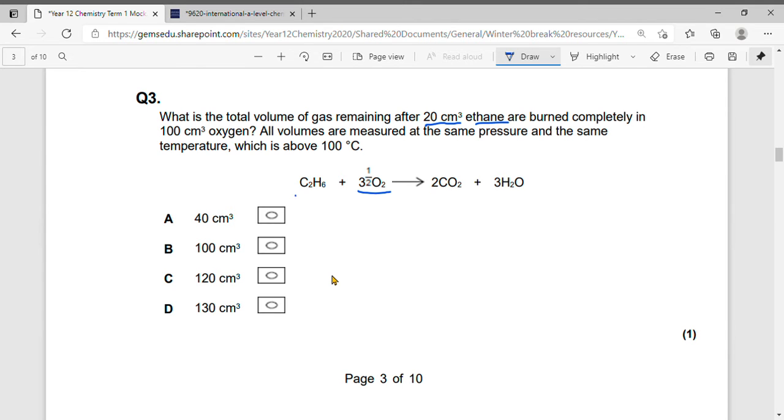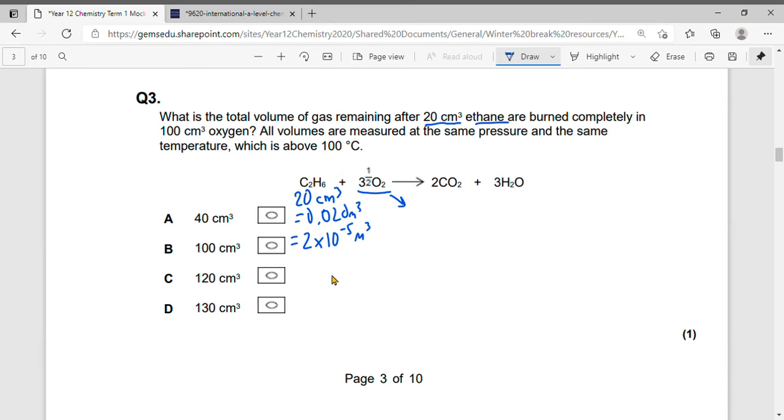So we know ethane is 20 centimeters cubed, which is in fact 2 times 10 power negative 5 meters cubed.